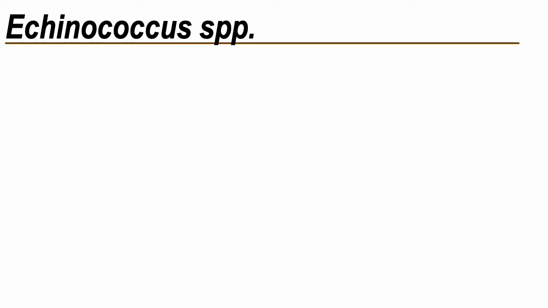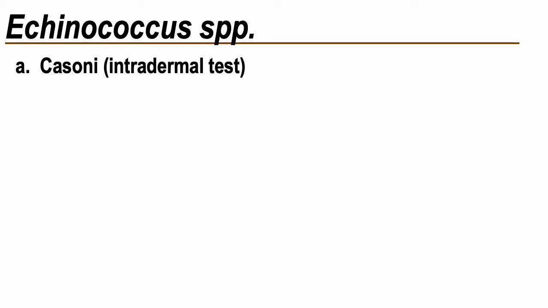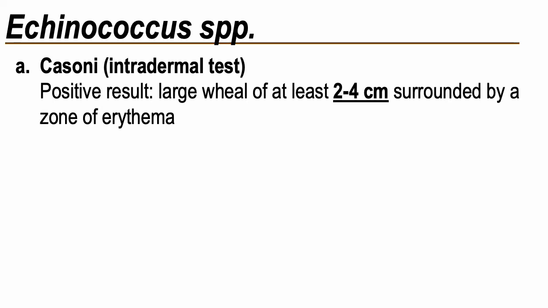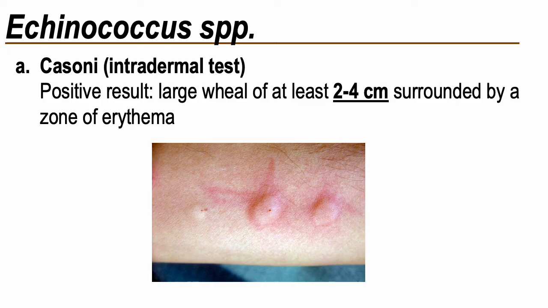So another immunological test for Echinococcus species is the Casoni intradermal test. So this is usually similar to all skin tests under parasitology, where the injection of a live larval antigen is done in the skin of the patient. So the presence of a large wheal of at least 2 to 4 centimeters is considered to be a positive result.